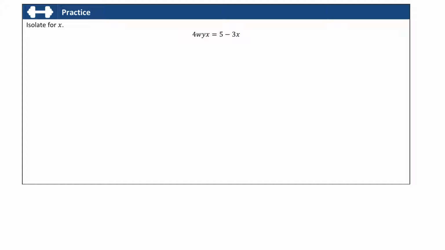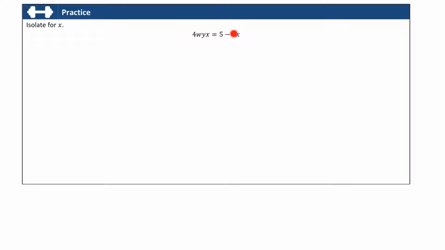Alright, why don't you pause the video, try out this question on your own, so you're trying to isolate for x, and once you're done, you can proceed with the video and check your solution. So to do this question, the first step is to move my terms that have the variable that I'm looking for to one side of the equation.